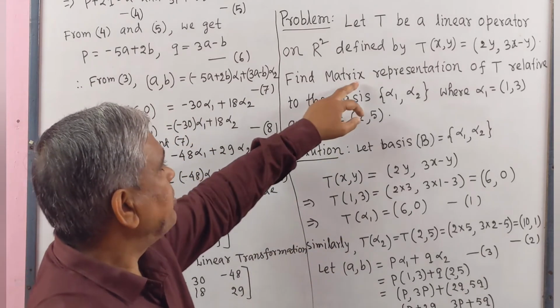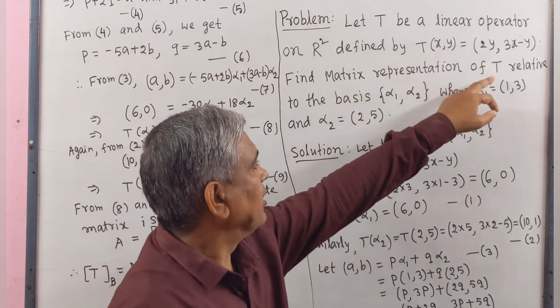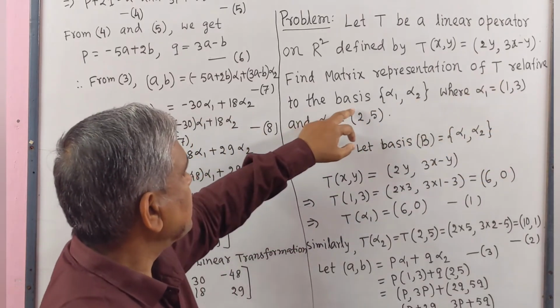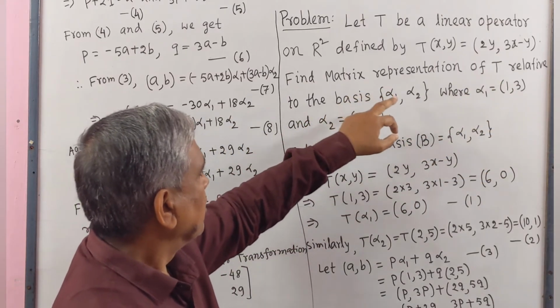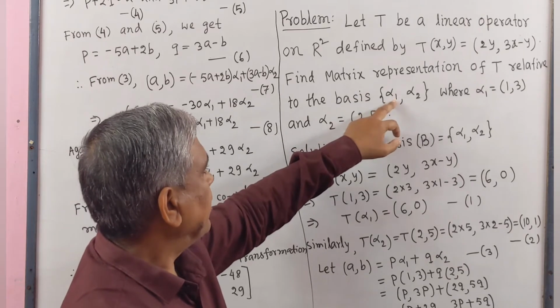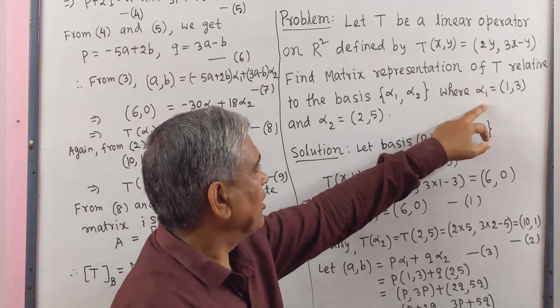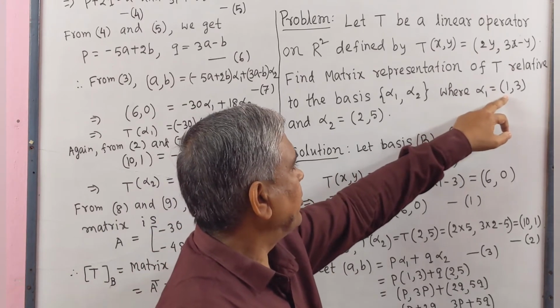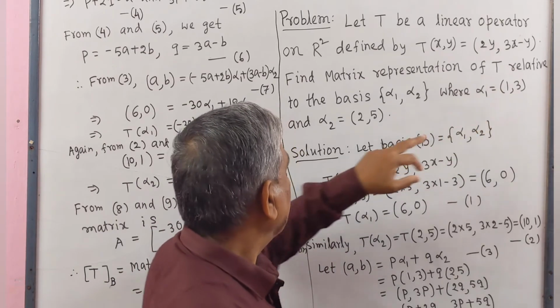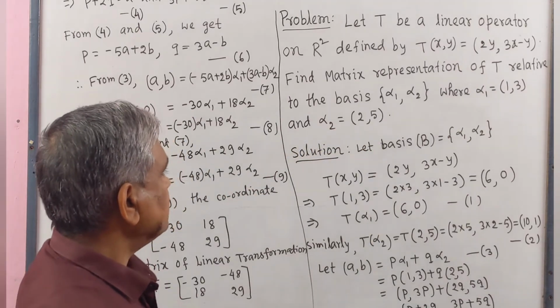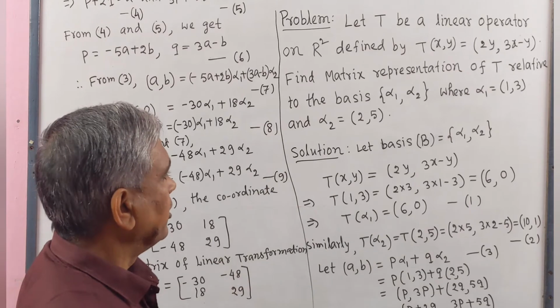Find matrix representation of linear transformation T relative to basis B containing vectors alpha 1 and alpha 2, where alpha 1 is ordered pair (1, 3) and alpha 2 is ordered pair (2, 5). Now we solve this solution.